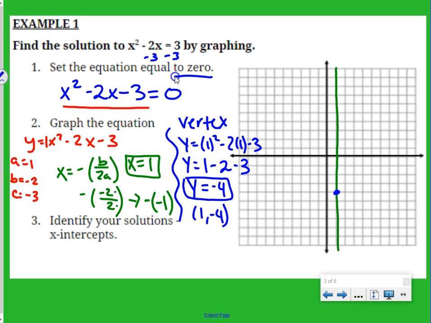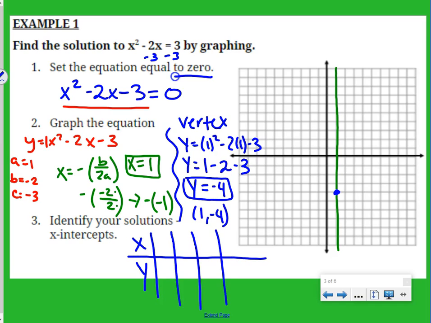Then we need to make a table to graph other points. So if you like making a vertical table or a horizontal table, doesn't matter. You can make it how you want. Give some blanks here. We're going to want our vertex right in the middle, 1, negative 4. Put 2 and 3 on the right of 1 and 0 and negative 1 on the left.